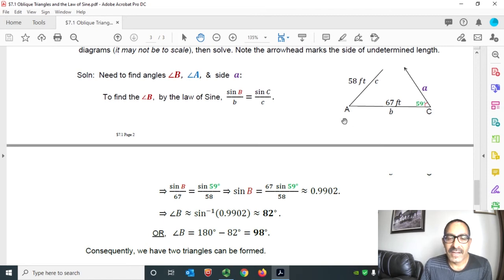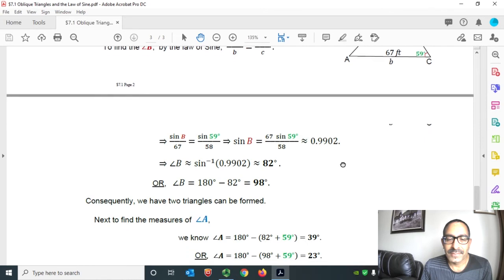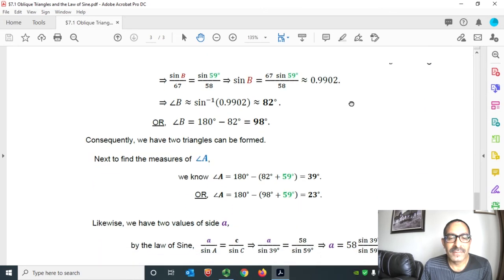Then we can easily find the value of angle A, because the sum of angle A plus angle B plus angle C is 180 degrees. So 180 degrees minus the sum of angle B and angle C gives us angle A. So let me scroll down here.